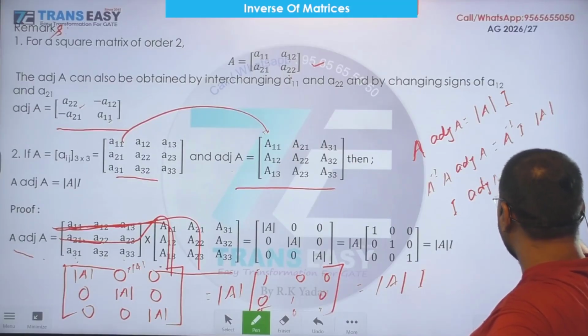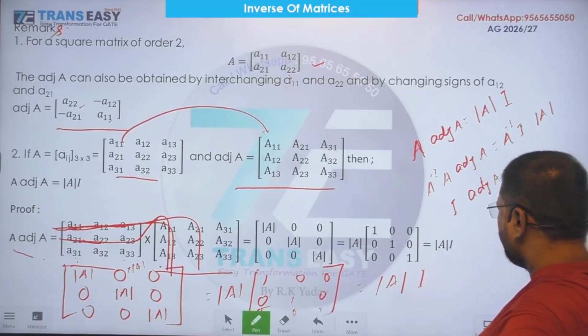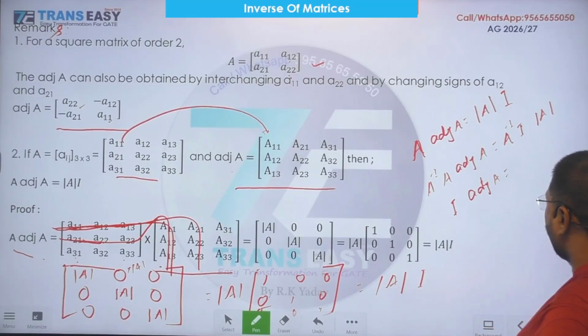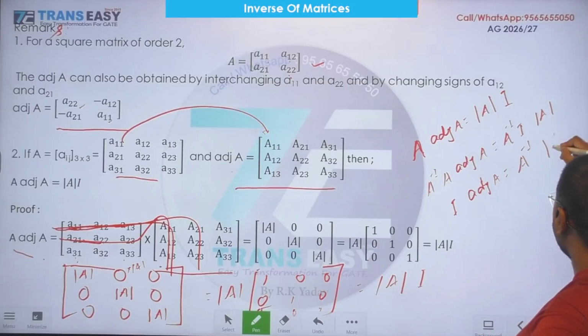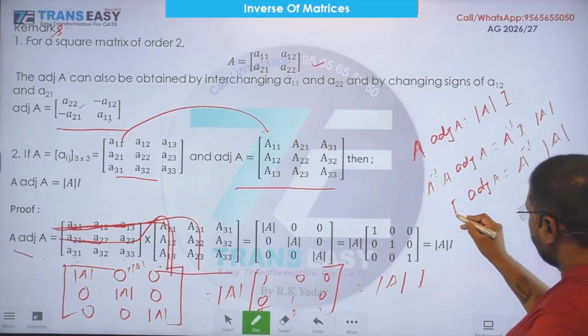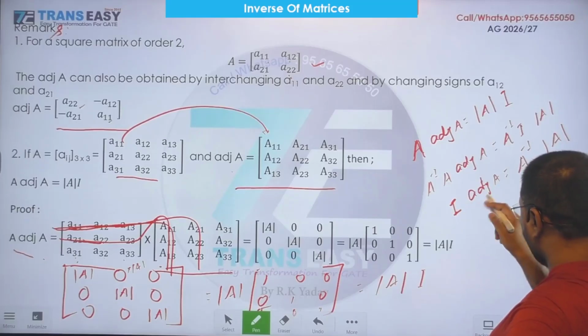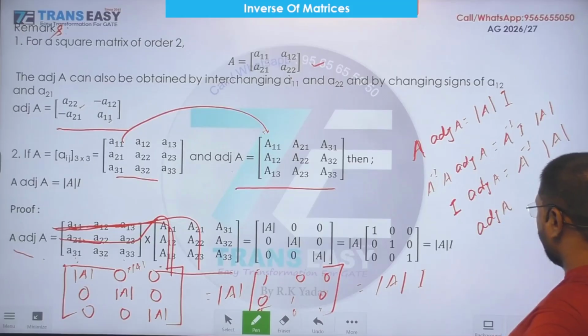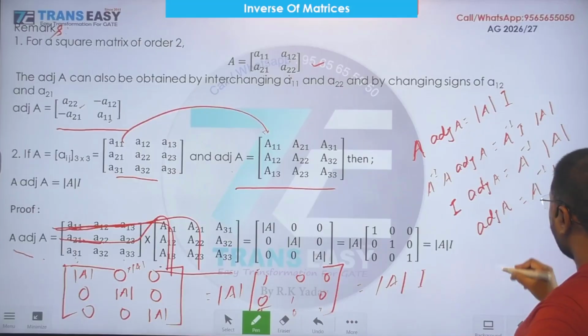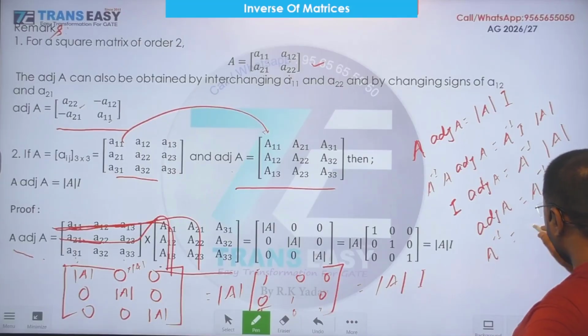This is adjoint A. If identity matrix is multiplied with any matrix, it is not going to change the matrix. So this will give A inverse determinant of A. This is identity matrix, it is also multiplying with adjoint A, it is not altering adjoint A. Dear friends, A inverse is adjoint A upon determinant of A.